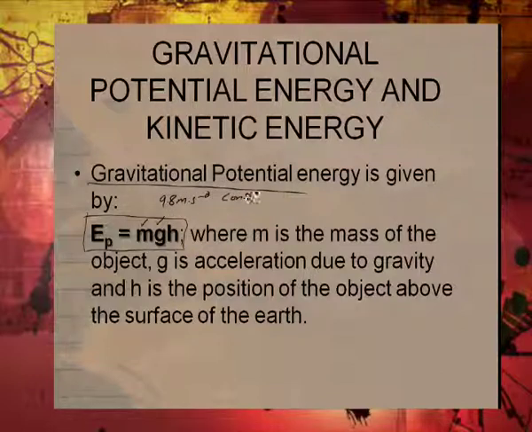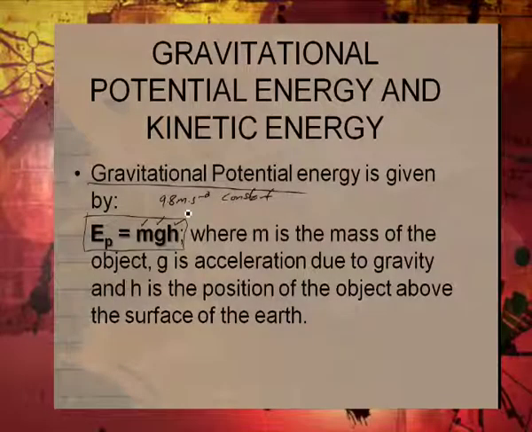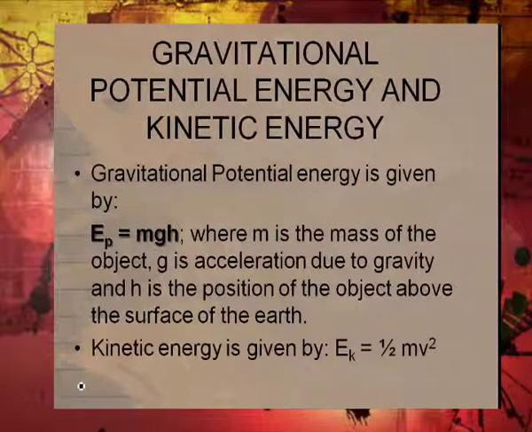This is a constant, okay? And then times the height where that object is located. Right, so I've been able to explain your M, your G, and the H as well.